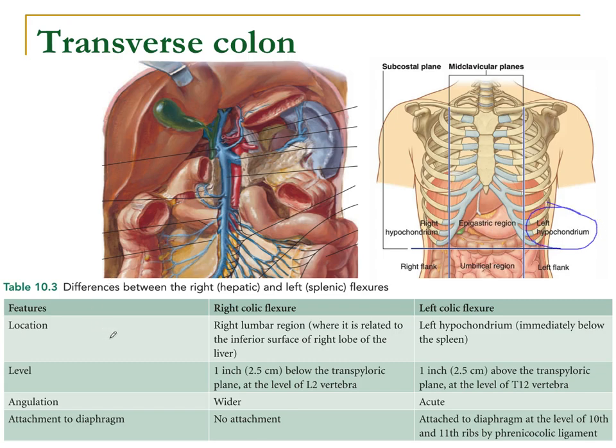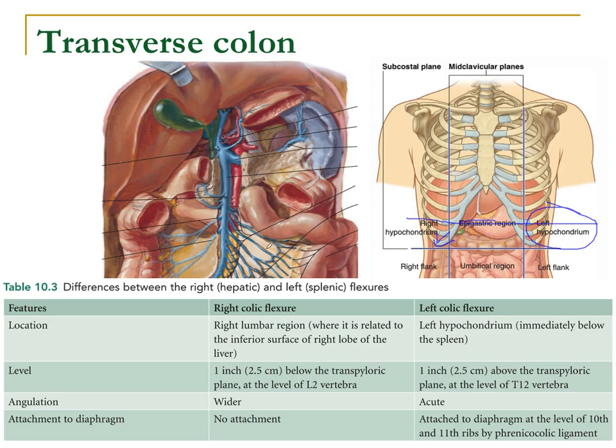And if you see the level here, somewhere here you will find the transpyloric plane that passes through the pylorus. This right colic flexure is present almost 2.5 centimeter below the transpyloric plane, and the splenic flexure is a bit higher, almost 2.5 centimeter above this transpyloric plane.